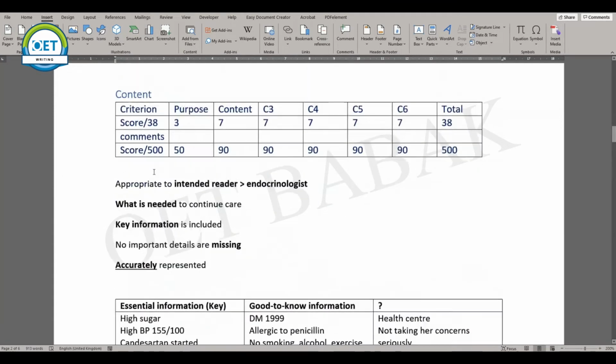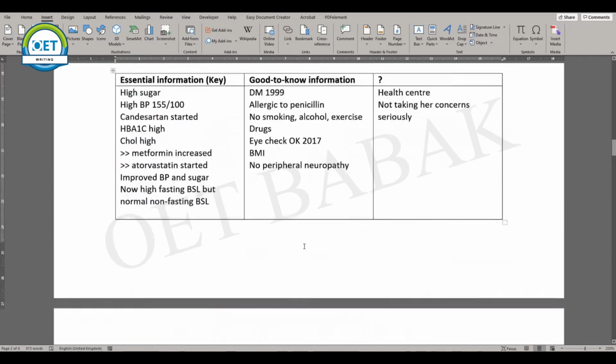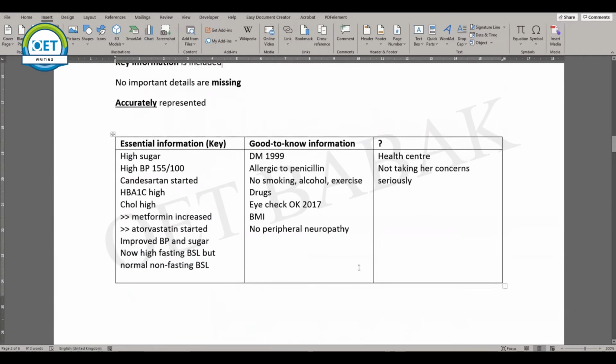We said key information is included. What was our key information? We decided that this is our key information. Do you agree? Yes. Okay.